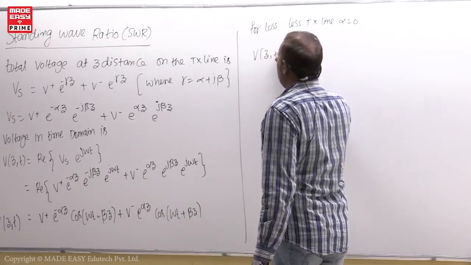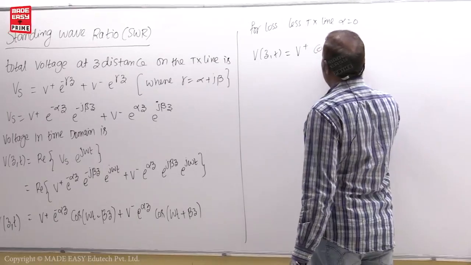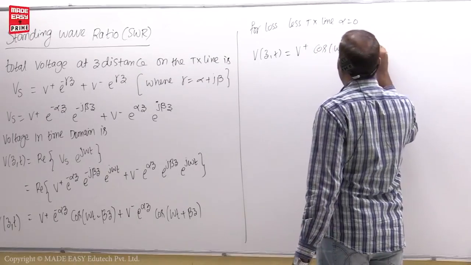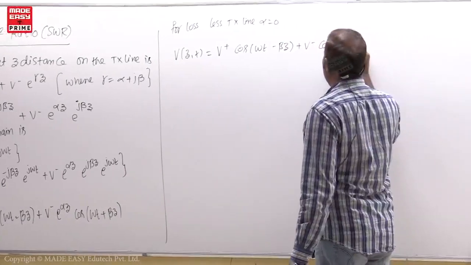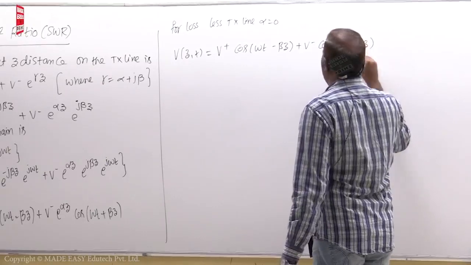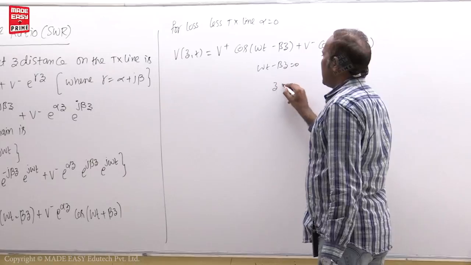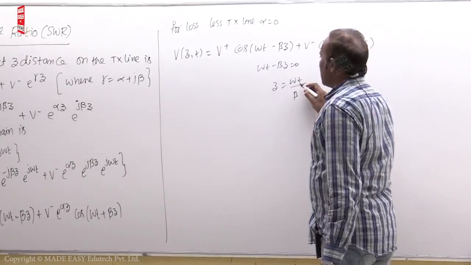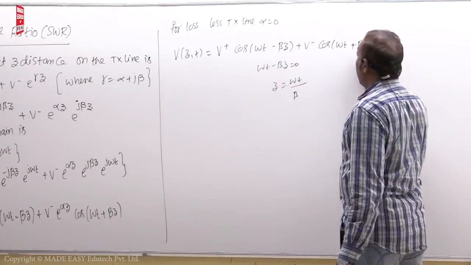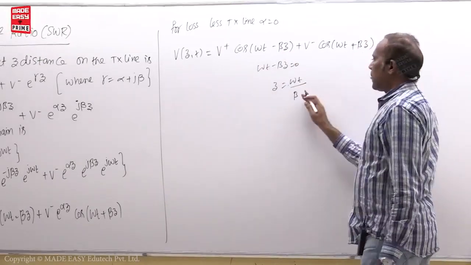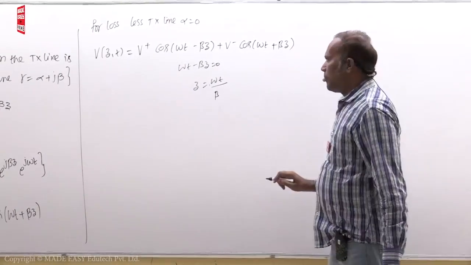So V of z comma t, the total voltage, is V plus cos of omega t minus beta z plus V minus cos of omega t plus beta z. I told you once again, you make omega t minus beta z 0, then z is equal to omega t by beta. So z positive you got, that means this is a wave traveling in plus z direction. Similarly here we get z equal to minus omega t by beta. So this is the voltage wave equation for a wave traveling in minus z direction.